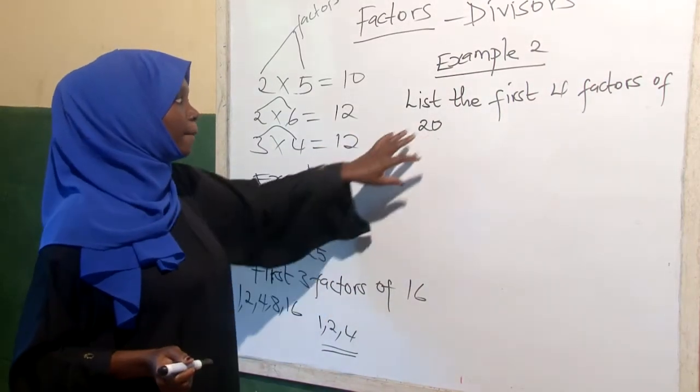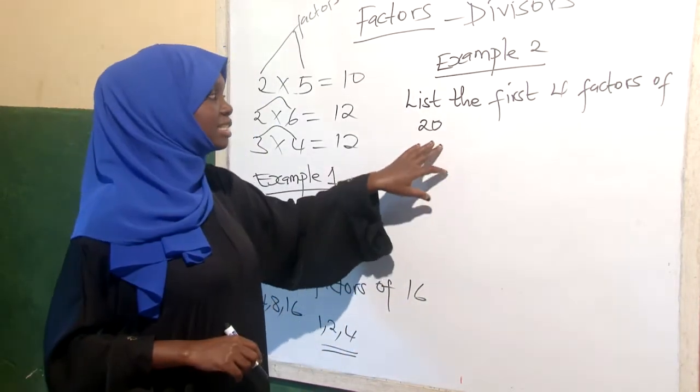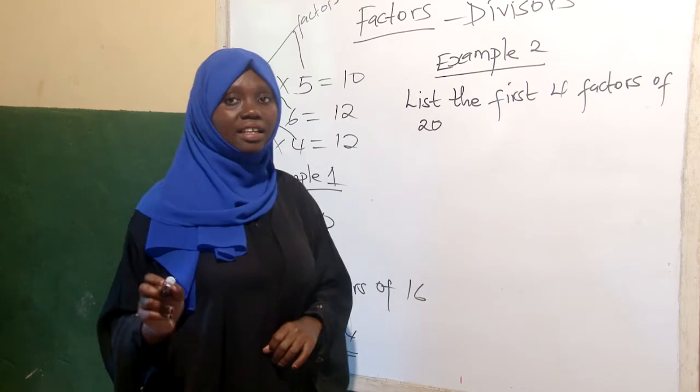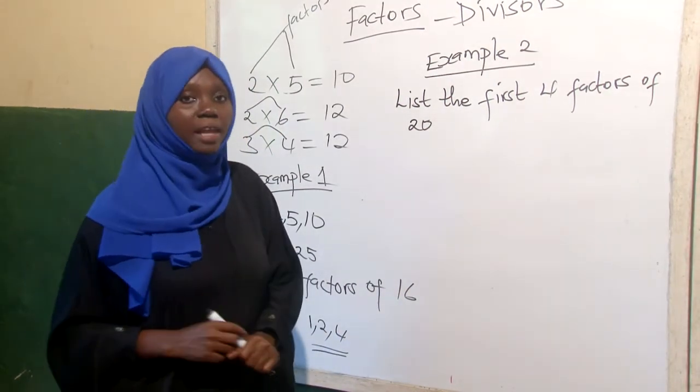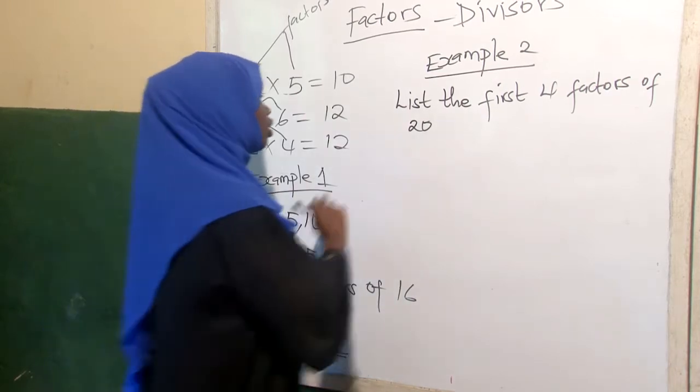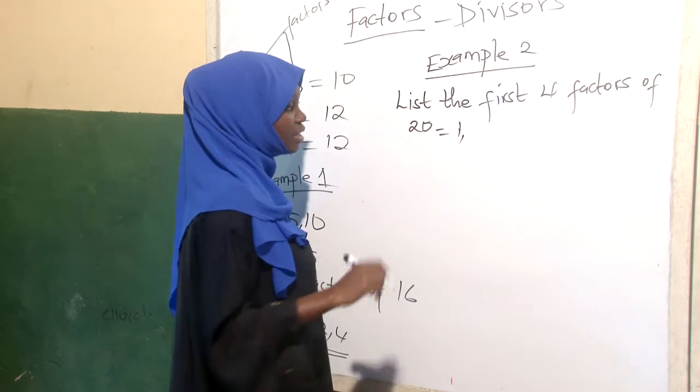So before picking the first 4, we are going to list all the factors of 20. That is, all the numbers that can divide 20 without a remainder, and all the numbers that you can multiply to get 20. So it will be 1, because 1 times 20 will get 20.